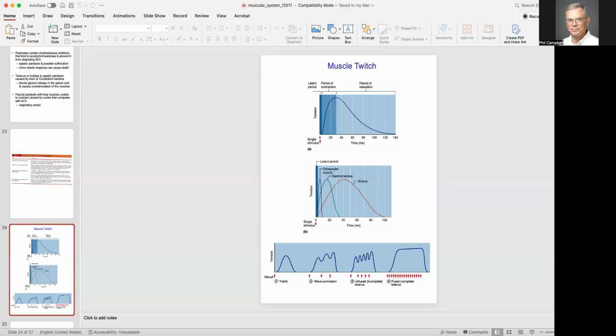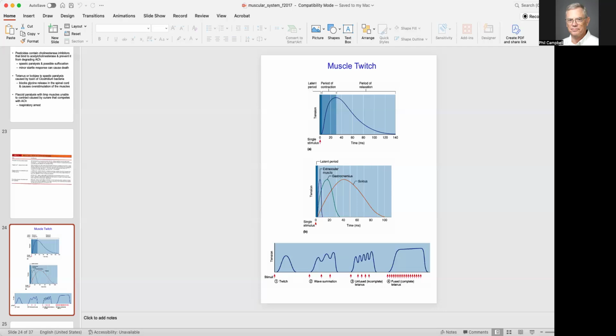I stimulate another contraction, so it goes up, then I come down and it goes back up. So I'm starting to get what we call wave summation, right? I'm compressing those contraction and relaxation phases to the point where they're overlapping. So that's the summation part.